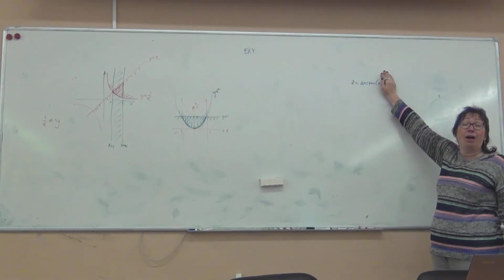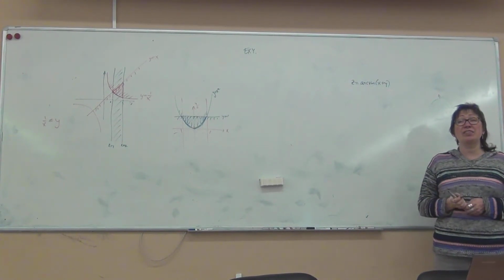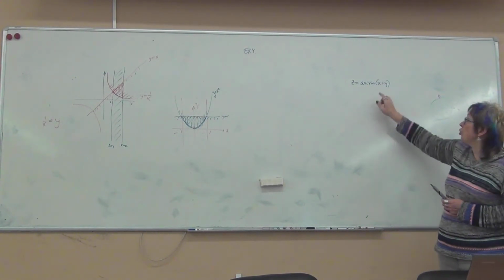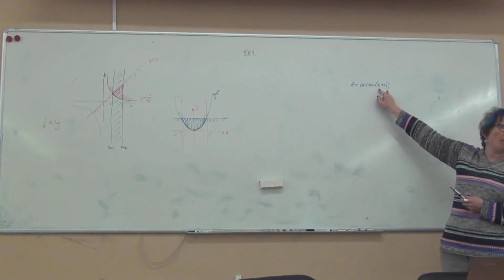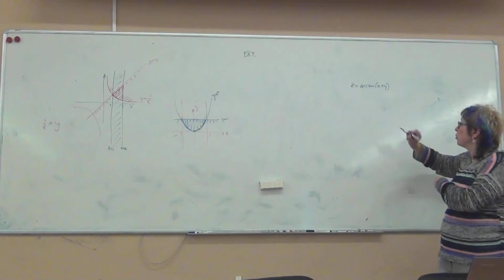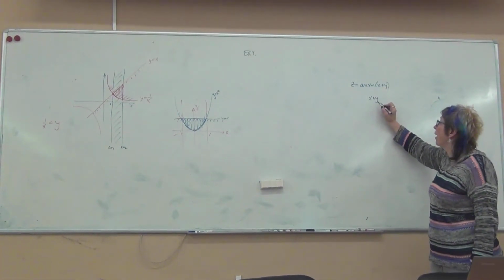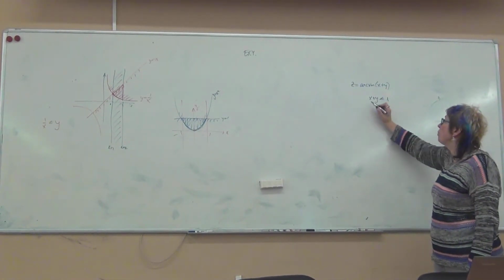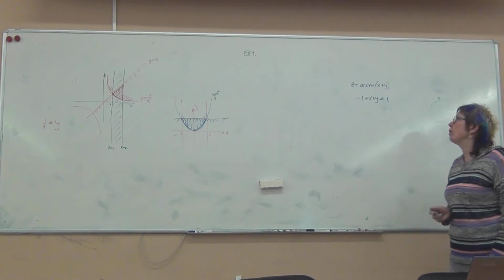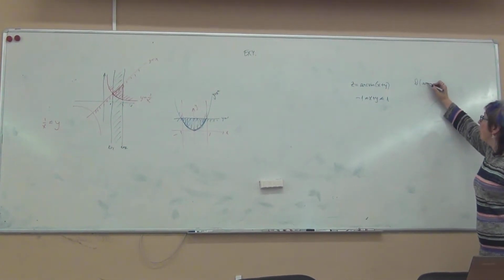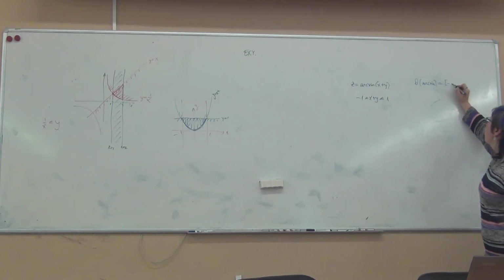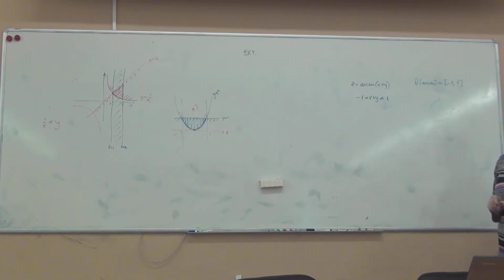From -1 to 1. Because arc sine is the angle for which this is the sine. And sine can be only from -1 to 1. Which means we have a condition, x plus y has to be less than or equal to 1 and greater than or equal to -1. Because the domain of arc sine is from -1 to 1.